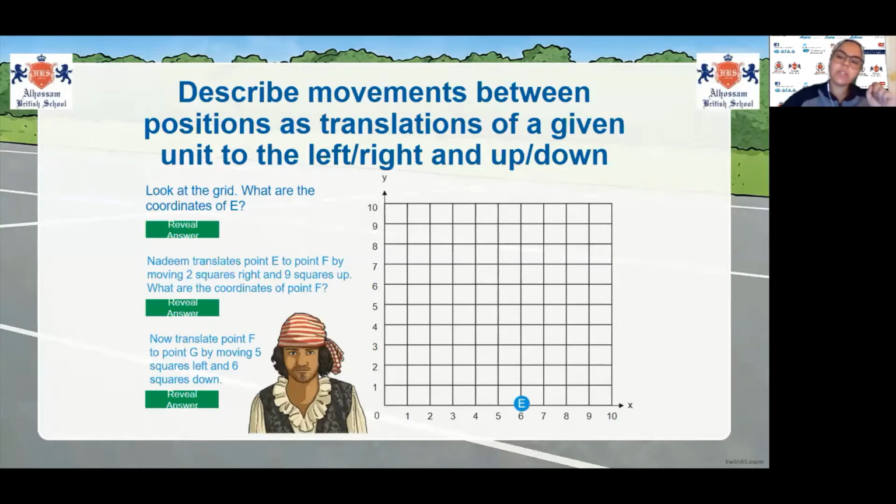The word translation here means that you are going to move any point or any object on a coordinate grid. And when you move this object, you have to follow 4 directions: left, right, up, or down. You cannot move across the coordinate grid. So all your steps should follow 4 directions: left, right, up, or down. Okay? Let's answer this question, and it will be very clear for you.